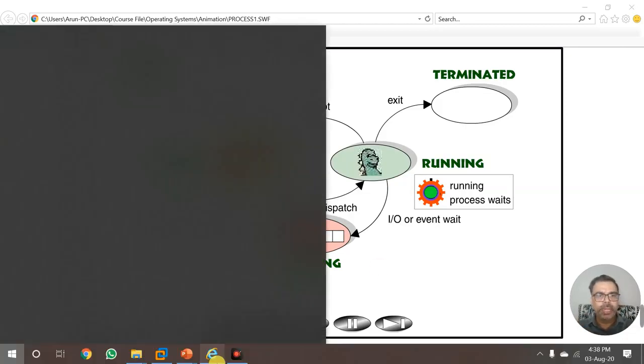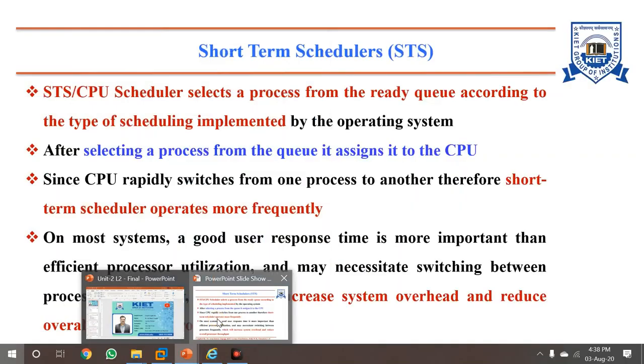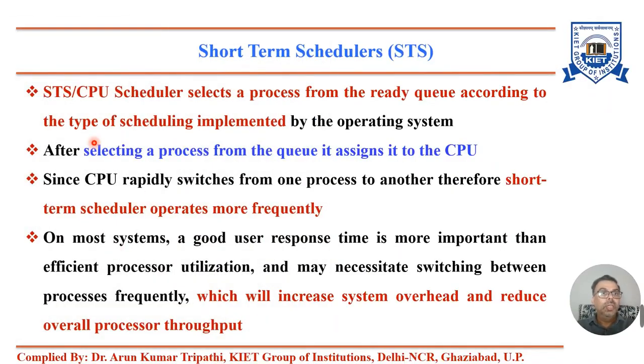So coming to the next. After selecting a process from the ready queue, it is assigned to the CPU.